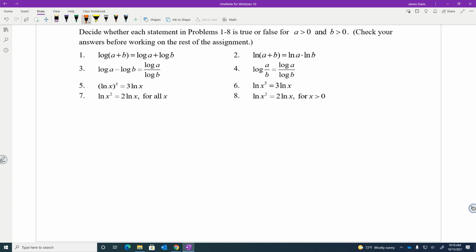Okay. So decide whether these are true or false. So let's see. Is this true? Number one. No. Okay. These are probably wrong. False. 3. True or false?